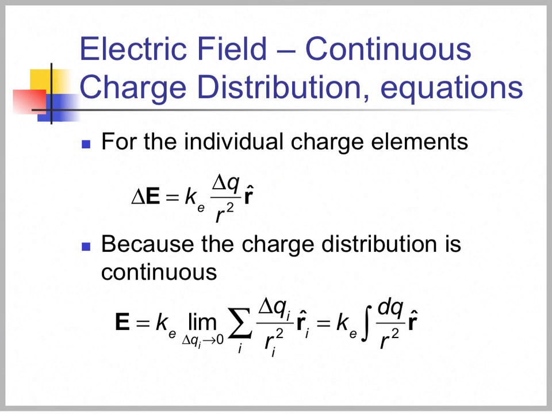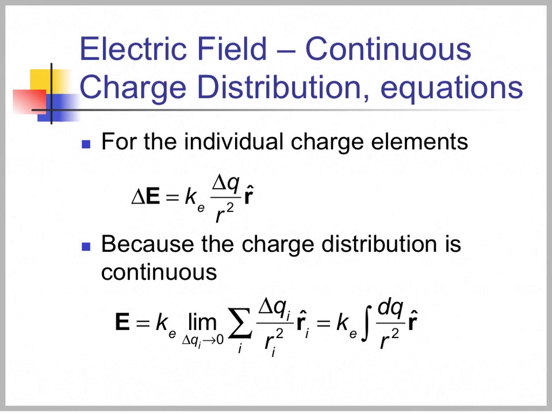So for each individual charge element, the little bit of electric field, which we'll call delta E, is just K times the charge, delta Q, over R squared in the R direction. Now, because this charge distribution is continuous, I can let this delta Q get smaller and smaller, and in fact, we'll let it go to 0.